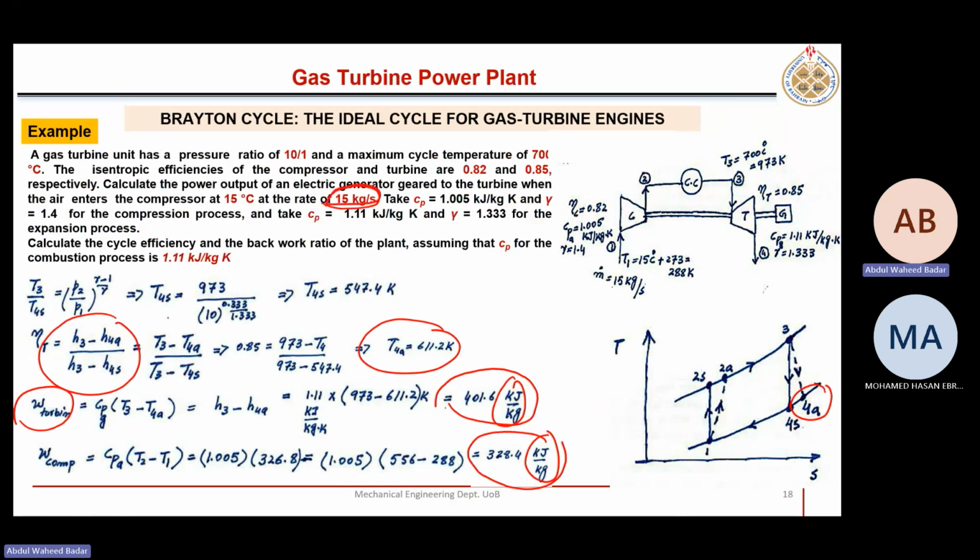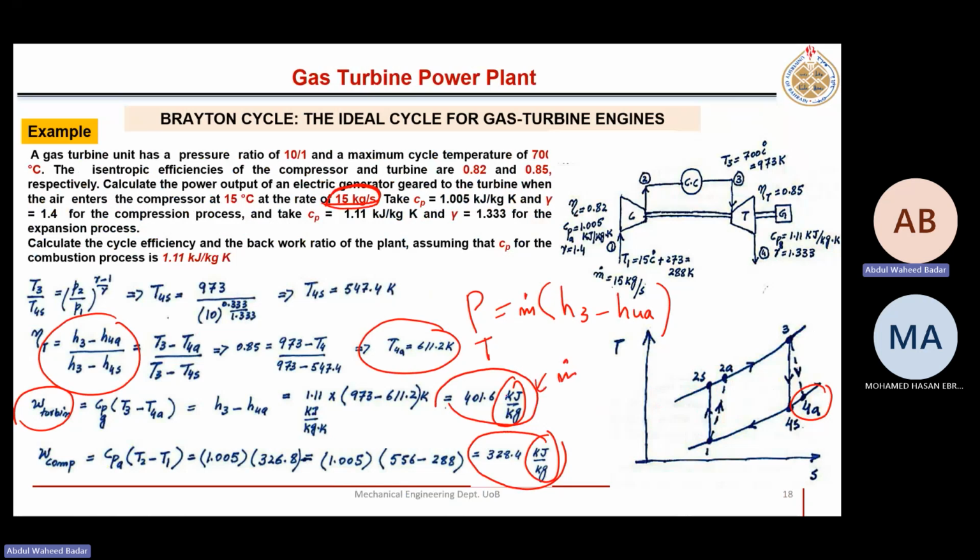To calculate efficiency there is no need for m dot. But if you want the total power, then m dot into H3 minus H4A is the power of the turbine, so multiply with m dot.